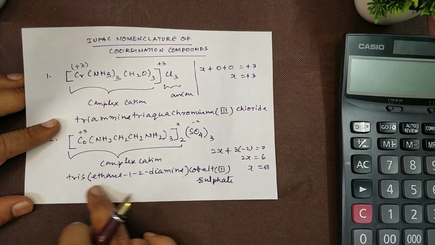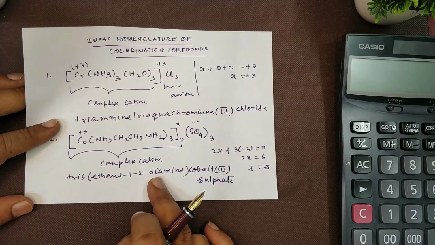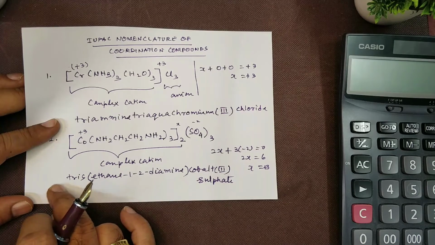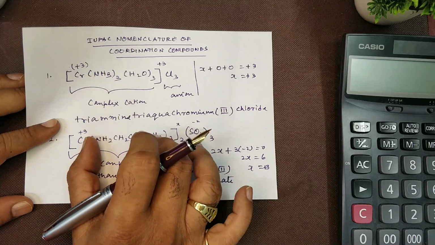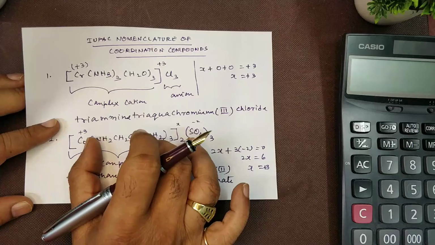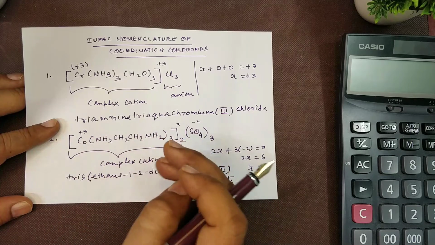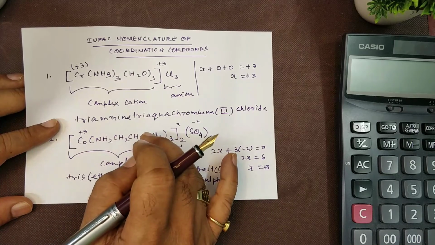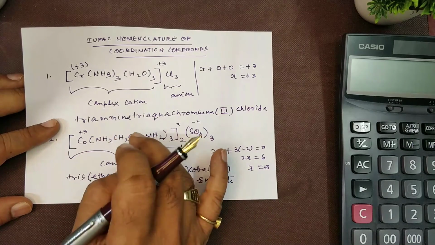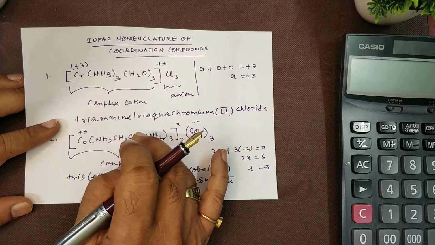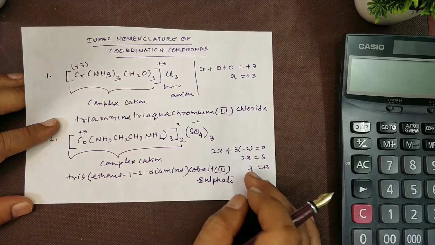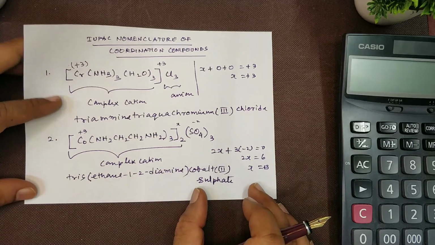When I say diethane 1,2-diamine there will be a confusion. So in order to be specific about this ligand, which is polydentate type, and usually they form chelate complexes, ring complexes, we have to name like this.